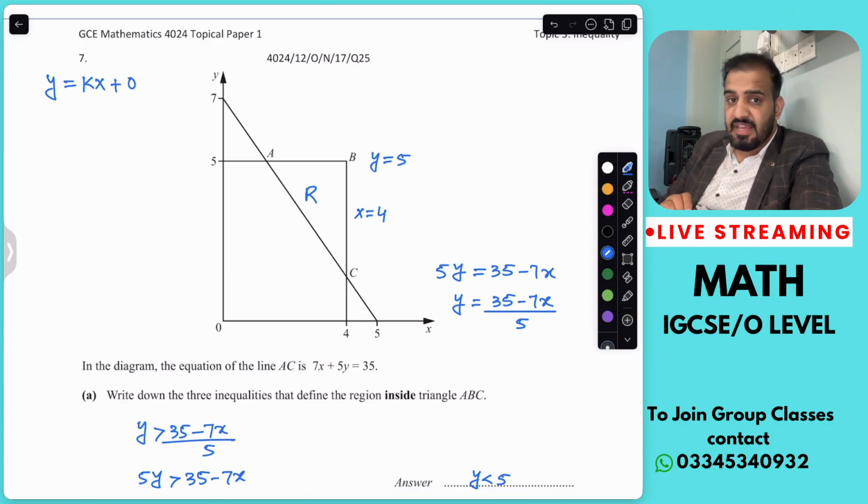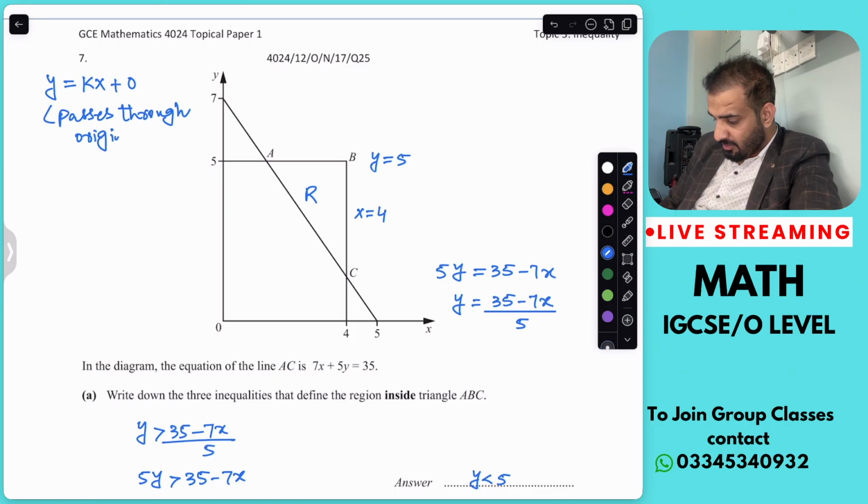So a line which has y-intercept 0 passes through the origin. When there is no y-intercept, it means the line is passing through the origin.